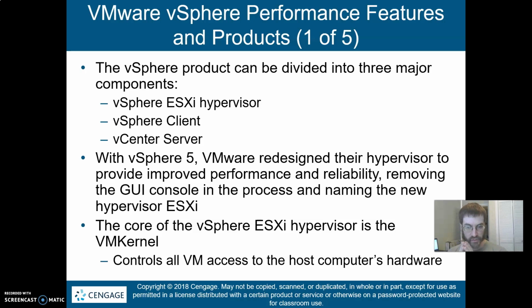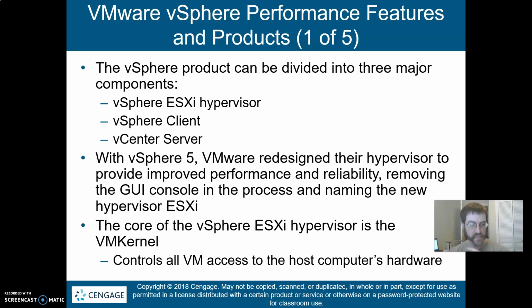Now, one of the reasons we might do this, or for the same reason you might deploy a server core instance of Windows Server 2012, 2016, or 2019, or a headless Linux server with no GUI.